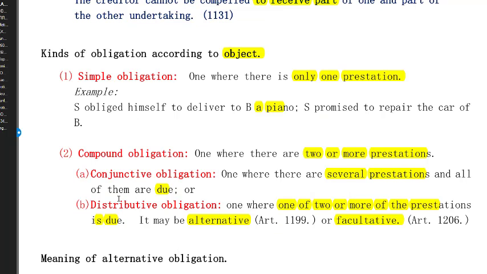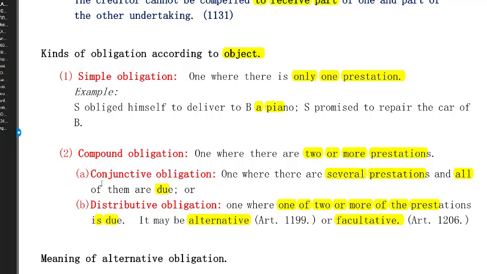It is further classified as a conjunctive obligation, wherein there are several prestations or several objects, but all of them are due. Whereas in a distributive obligation, one of the 2 or more prestations is due.